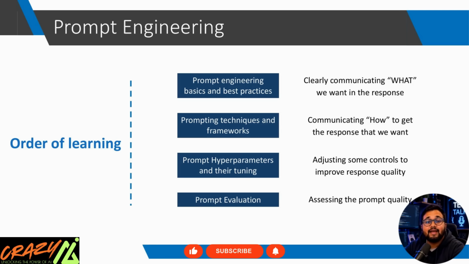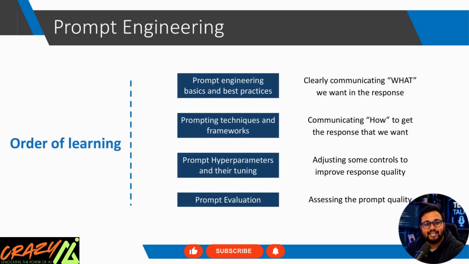After that, we'll discuss prompt hyperparameters and tuning methods that can improve output quality. Finally, we'll learn prompt evaluation techniques so we can measure and improve prompt performance. By following this structured learning path, you'll develop both theoretical understanding and practical skills.